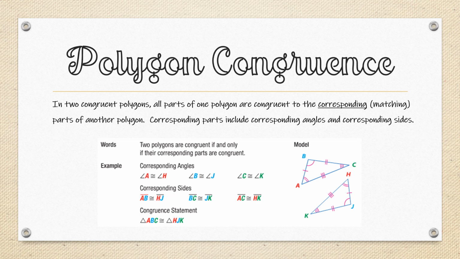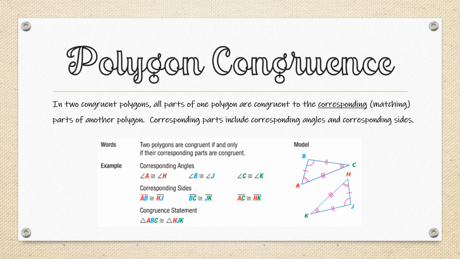Once you establish that the two polygons are congruent, then you can make a congruent statement. When you make a congruent statement, there isn't one right way to do it, but there are definitely incorrect ways. When you name your first polygon, you need to name the second polygon in the same order so that the corresponding angles are written in the same order. For this particular congruent statement, it says triangle ABC is congruent to triangle HJK. Since H and A are congruent, they're both in the first position.